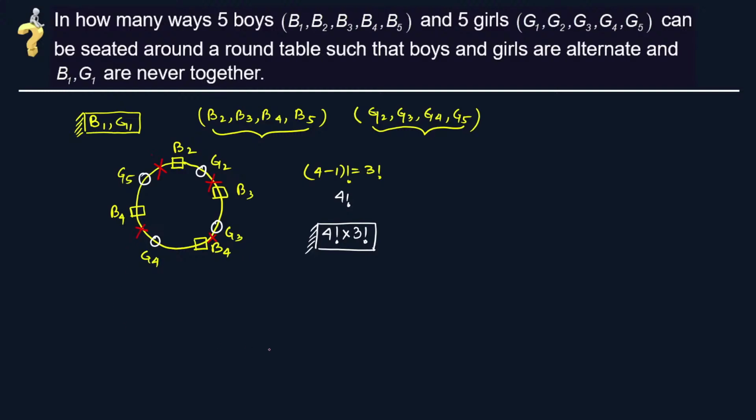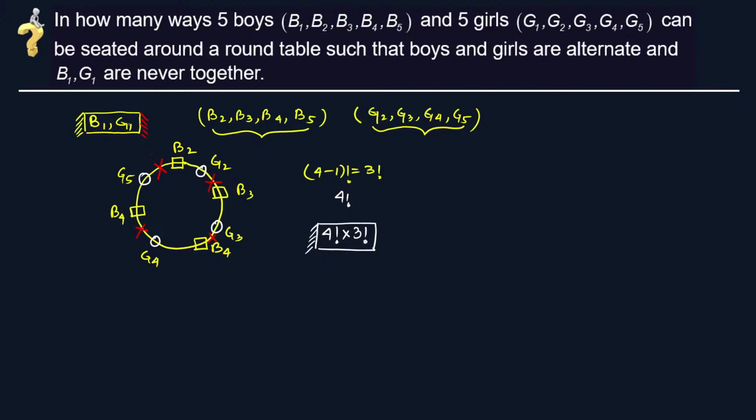There are 4 such places where B1 and G1 can be placed when they are sitting in this manner. Because if you place the B1 and G1 box in these places, then the boy-girl rule will still be valid in our problem. Okay? So there are 4 such ways in which they can be placed.